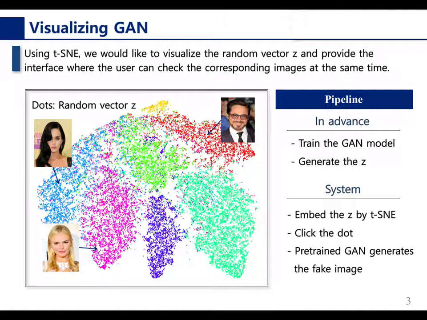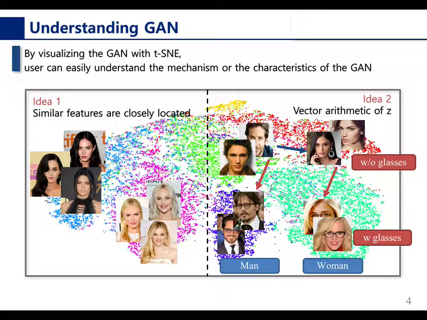Then what kind of understanding can we get from this visual analytics system? We expect the user can understand two characteristics of the GAN. The first idea is that we expect similar generated images to be located closely.